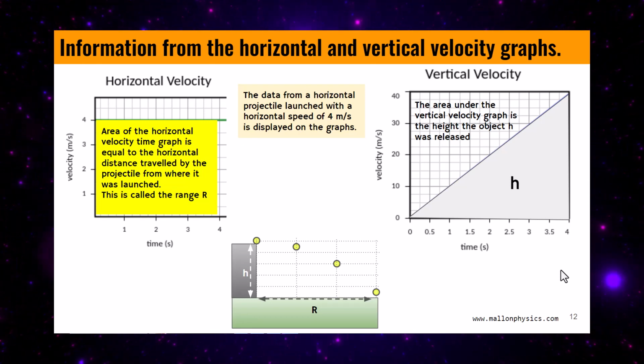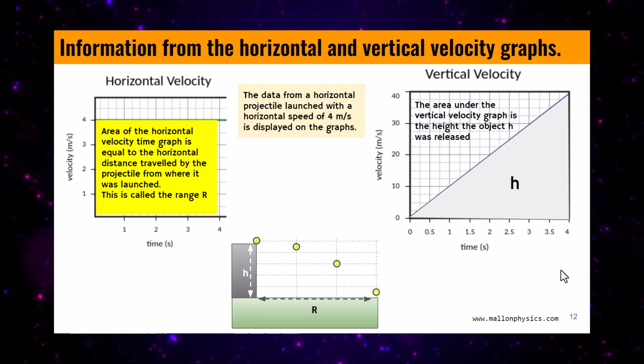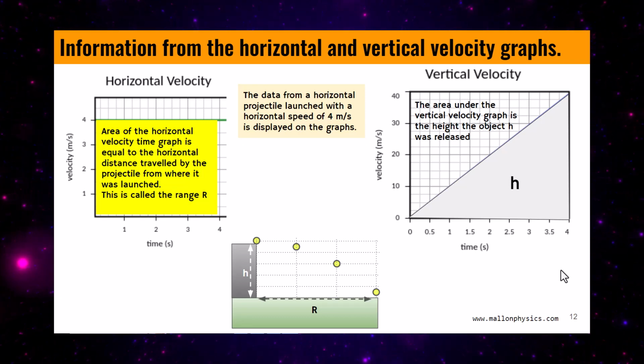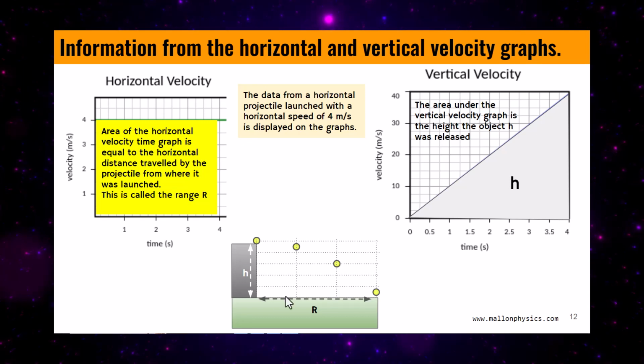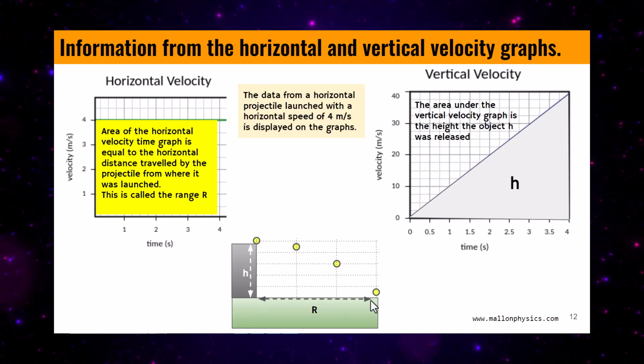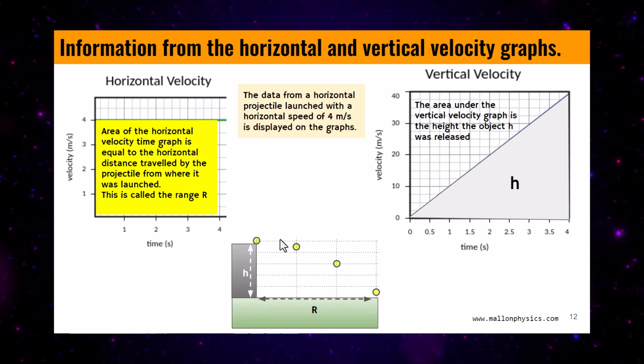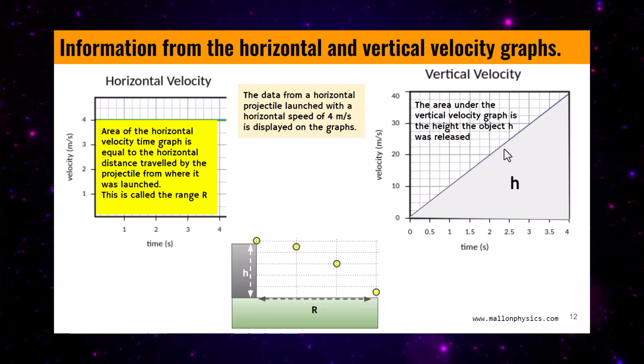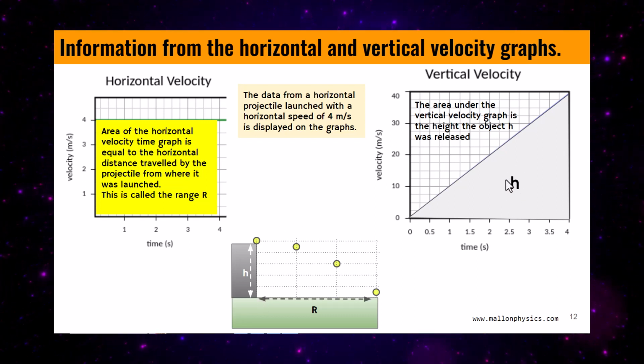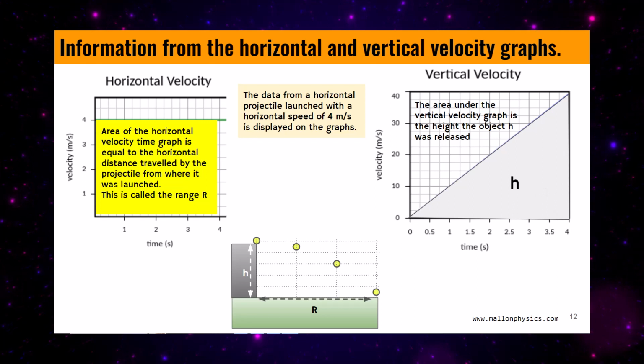The area of the horizontal velocity up to the time the ball lands is what we call the range, the distance from where it started along the ground to where it landed. The height from which the ball fell can be found from the vertical velocity graph, by working out the area underneath the vertical velocity graph.